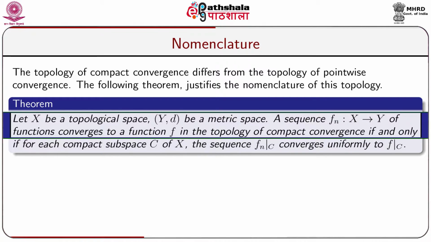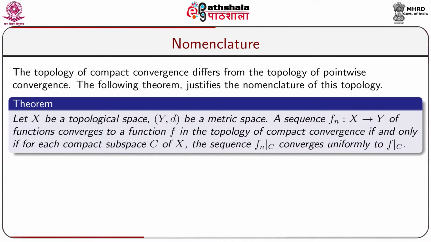Theorem: let X be a topological space and (Y, d) be a metric space. A sequence f_n from X to Y of functions converges to a function f in the topology of compact convergence if and only if for each compact subset C of X, the sequence f_n restricted to C converges uniformly to f restricted to C. The proof in fact follows from the definition.